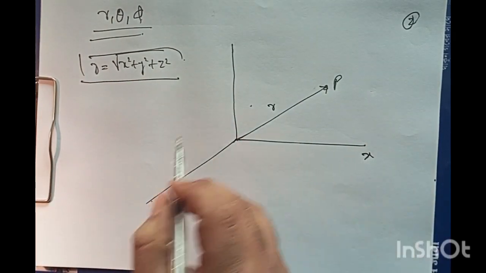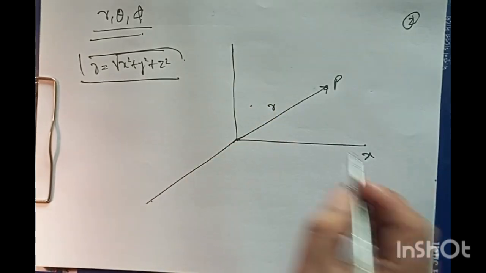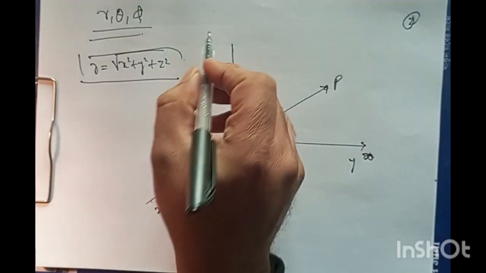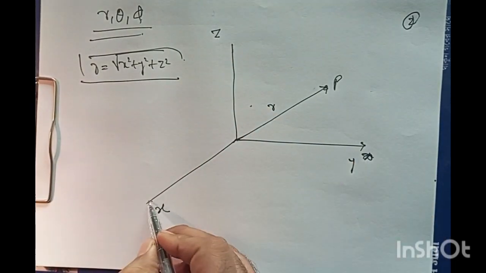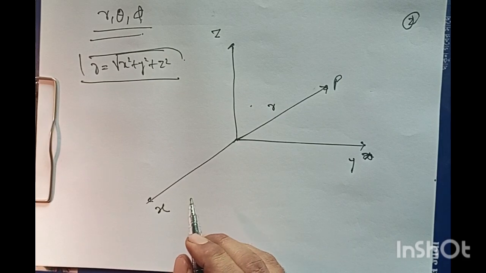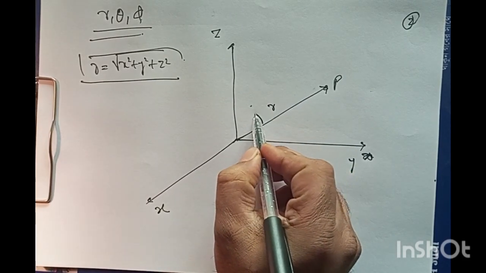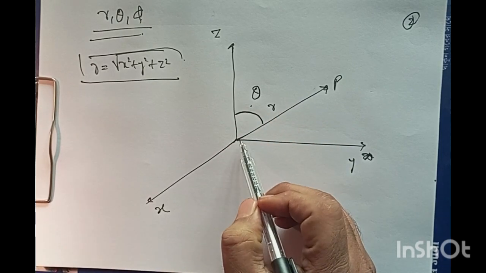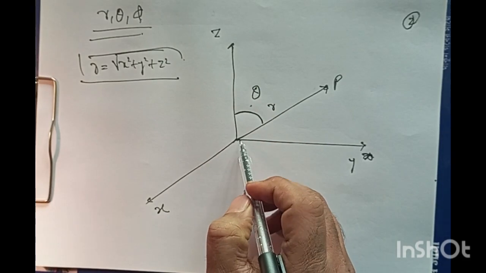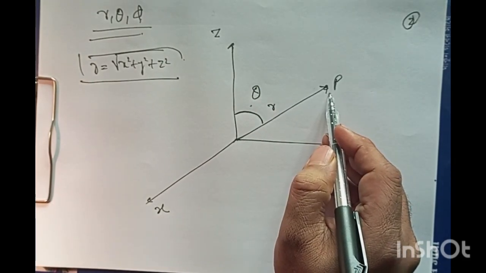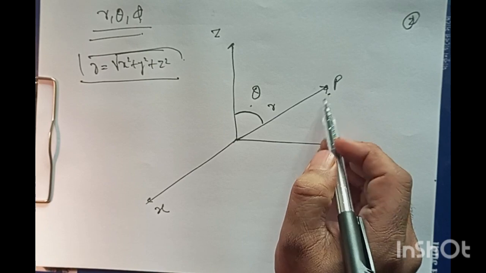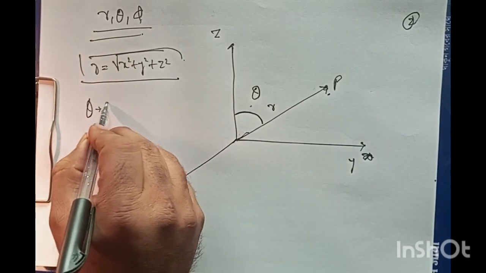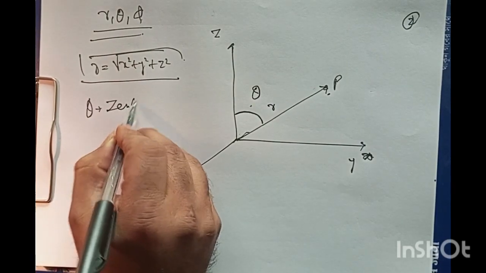This is the x coordinate, this is y and this is z. Now we have theta. This theta is the angle lying between the z coordinate and the position vector, and it is also called the zenith angle.